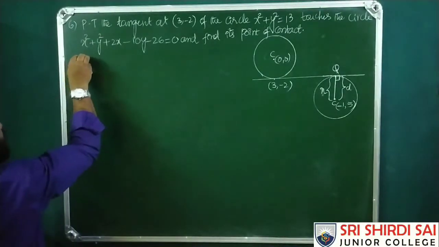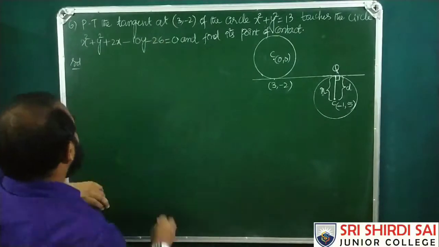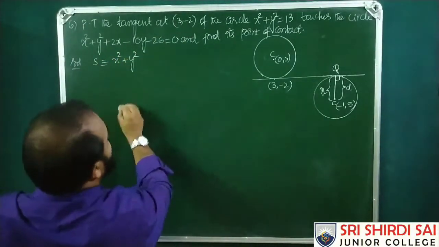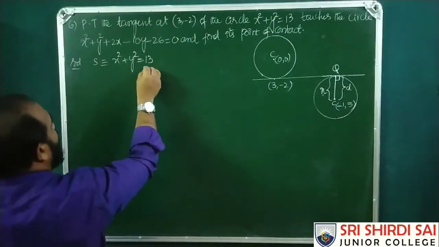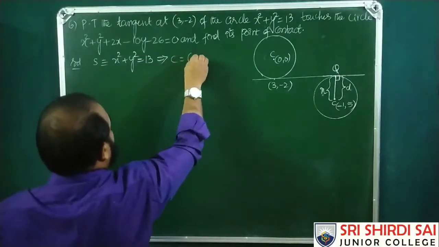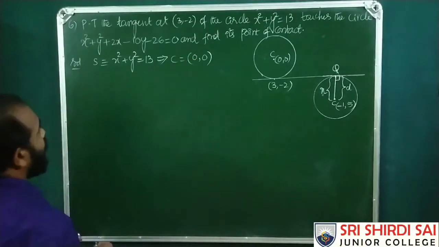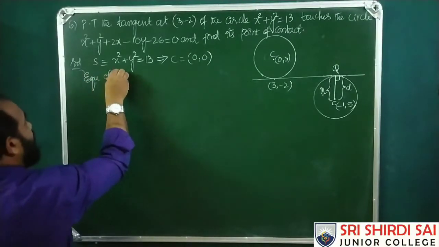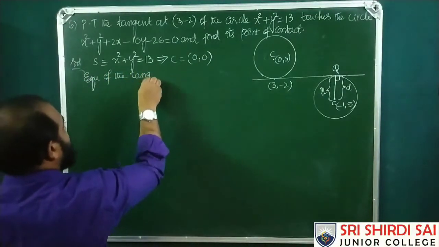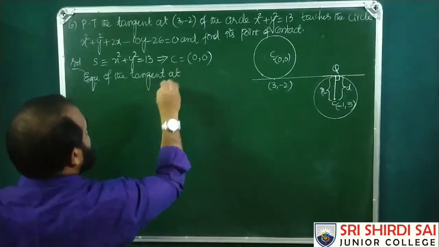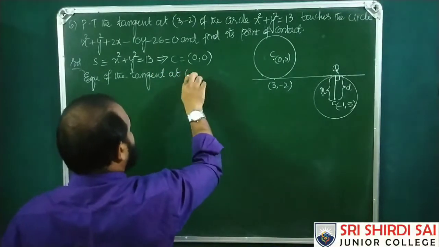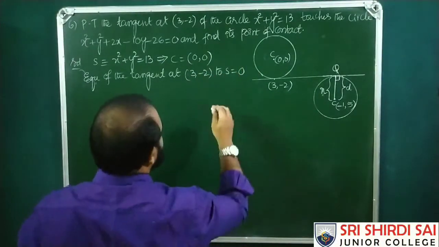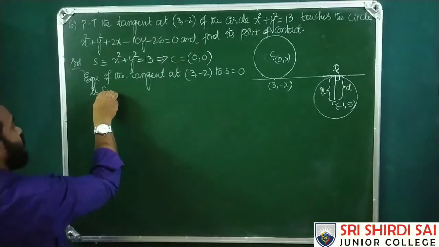So let us start. The center of S, x square plus y square equals 13, is 0, 0. So the equation of the tangent at 3 comma minus 2 to S equals 0 is S1 equals 0.